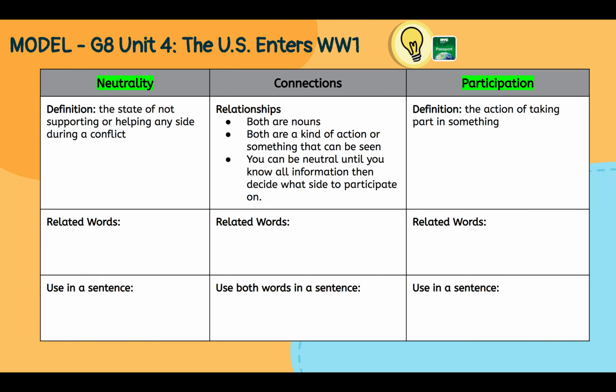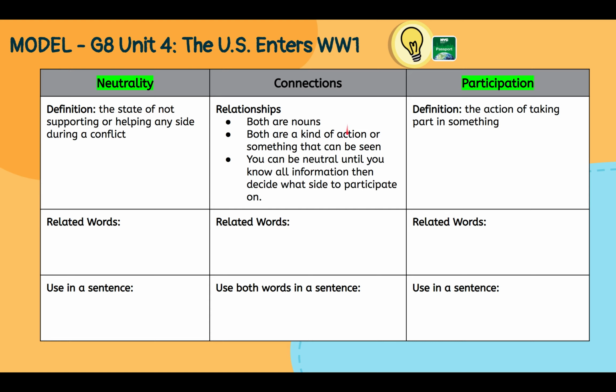So when you're confronted with an issue or there's a problem between 2 different people or 2 different sides, you remain neutral. You don't help nor take the side of either of those parties. The other word is participation. Participation means the action of taking part in something.